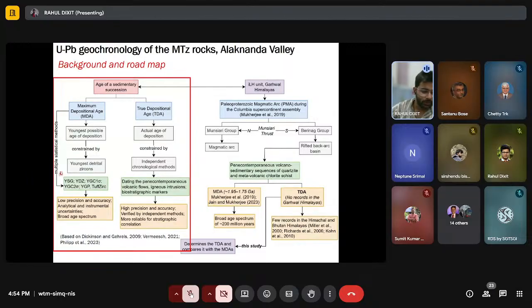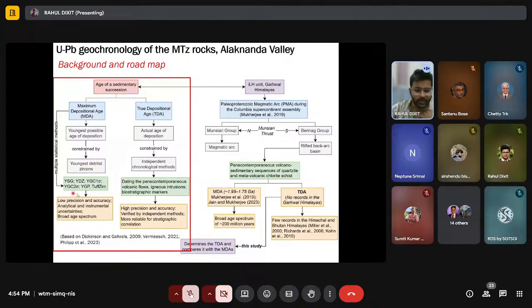Then there are several mathematical and statistical methods to give the maximum depositional age. For example, YSG, that is youngest single grain age, YDZ, the youngest detrital zircon age, YGC, the youngest grain cluster with 1 sigma or 2 sigma uncertainty, the youngest graphical peak, and the Tuff Zirc.